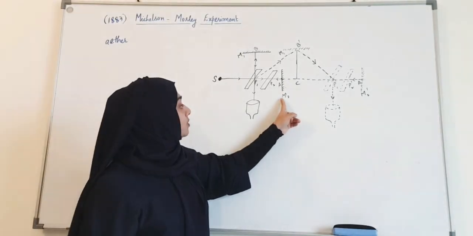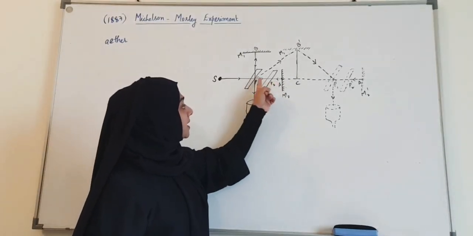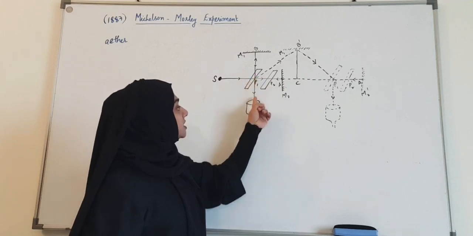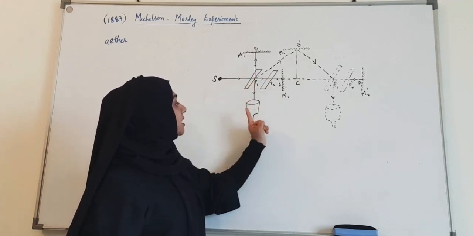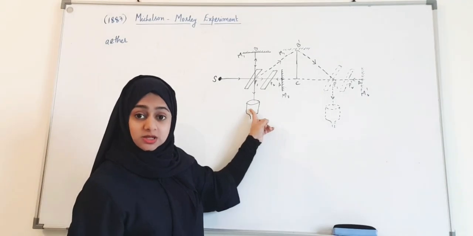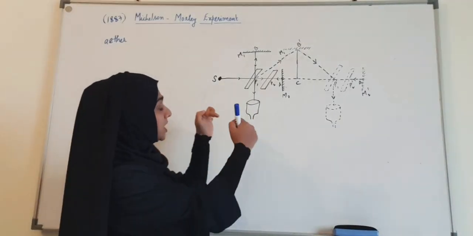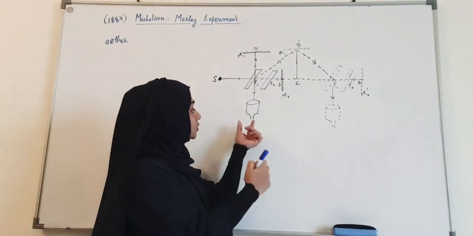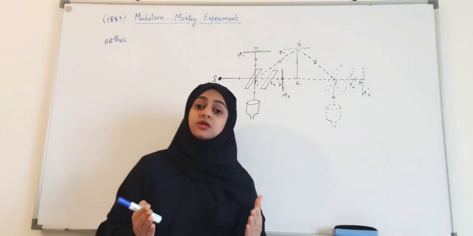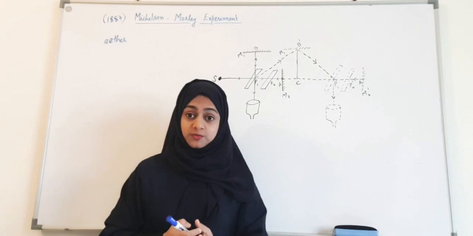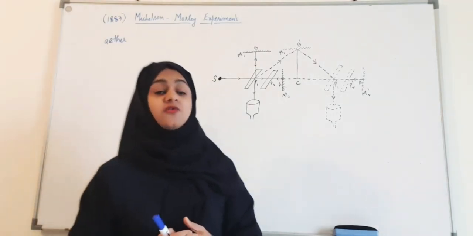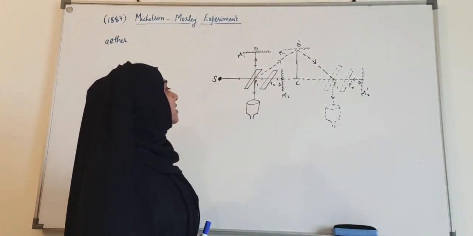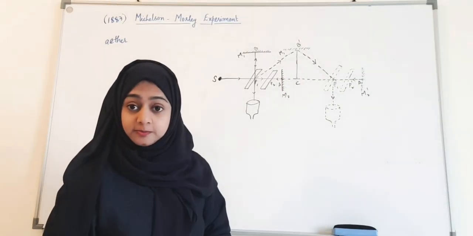It will come back and again it gets reflected down through plate P1 and can be observed in the same telescope. Now these two light rays will superpose each other and through the telescope the interference pattern can be observed. This was the idea of Michelson and Morley when they conducted this experiment.